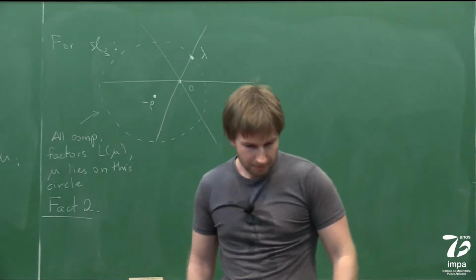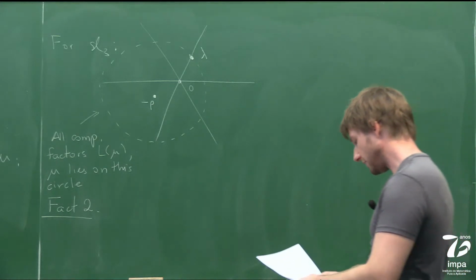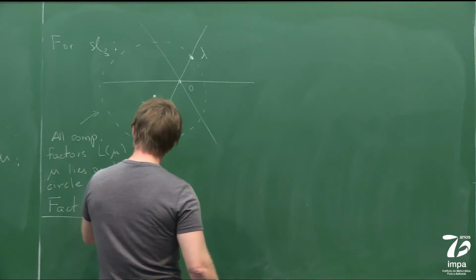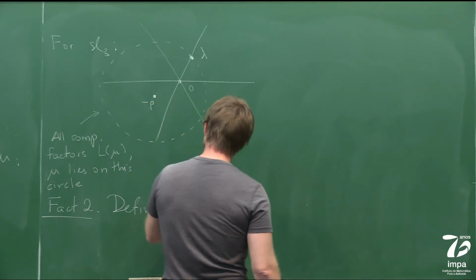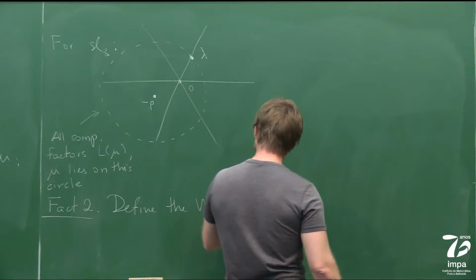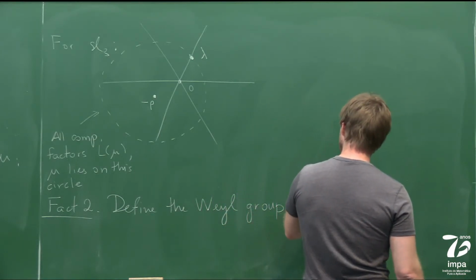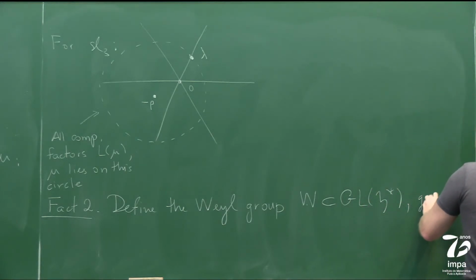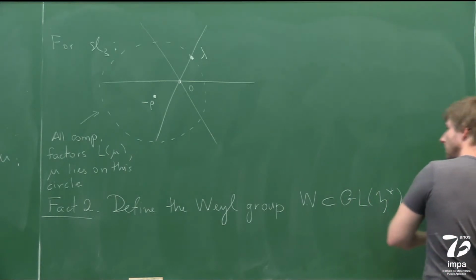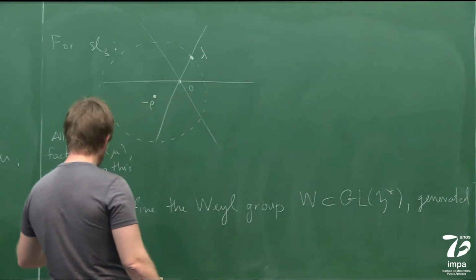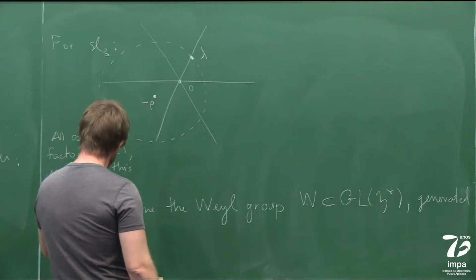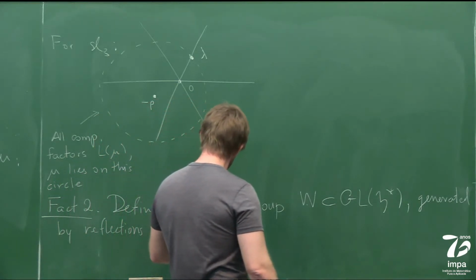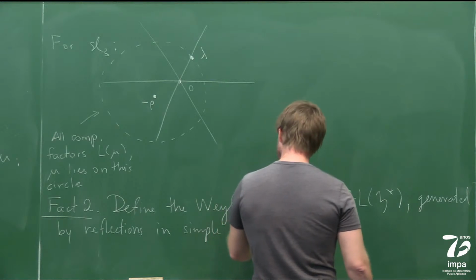So the second fact is, well, we have to introduce a so-called Weyl group at this point, which is the group generated by reflections in the simple roots.